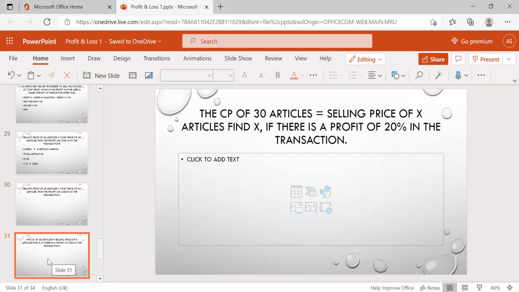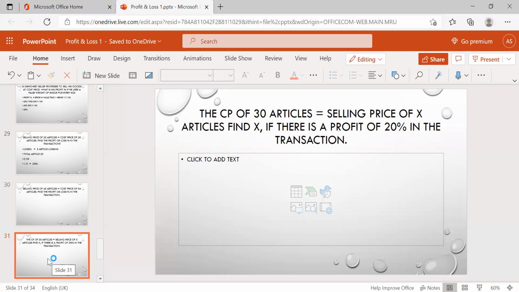Now, check this problem. The CP of 30 articles equals the selling price of X articles. Find X if there is a profit of 20% in the transaction. So here what they are saying, totally 30 articles is there.